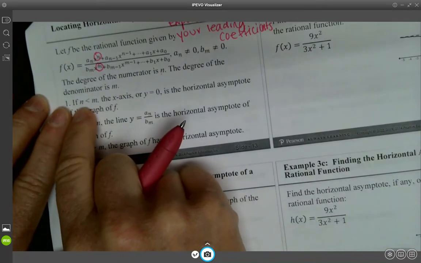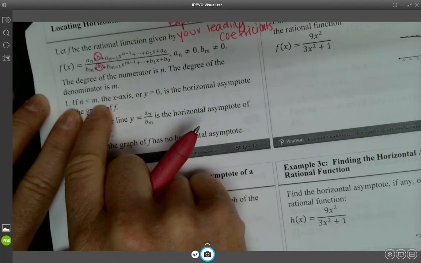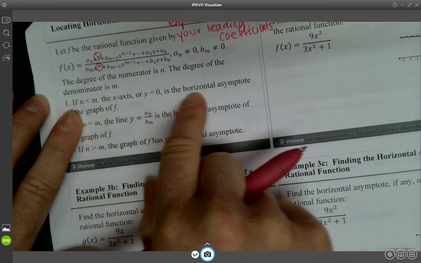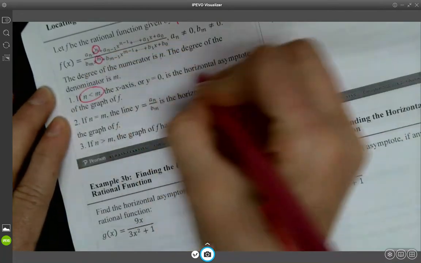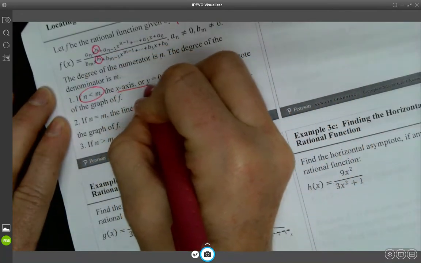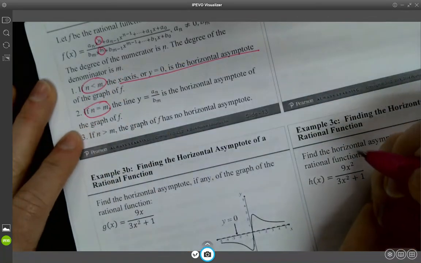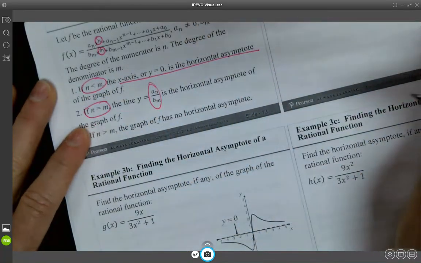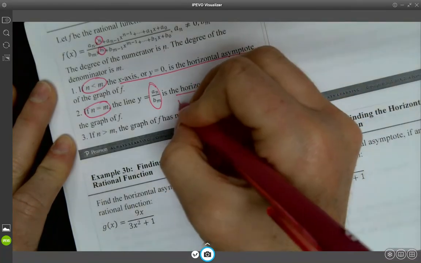If n is less than m, the x-axis, or y equals 0, is our horizontal asymptote. If they're equal, then you divide your leading coefficients, and that's your horizontal asymptote.